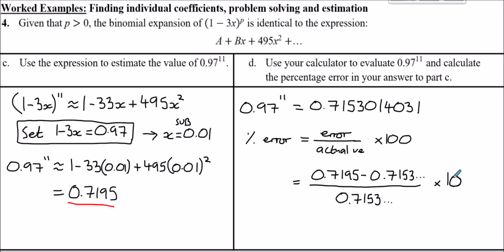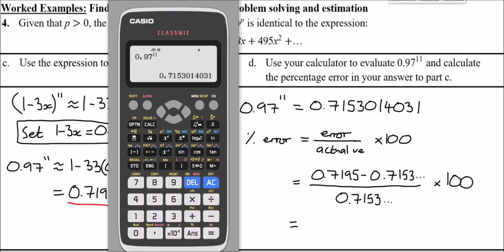So now you can use your calculator to help you do this without having to remember and key in all of these digits. Okay, we've worked out what 0.97 to the 11 was. This will be stored in your calculator's short-term memory. So if I just clear that by pressing AC, this will now be stored under the ANS button, as you can see.